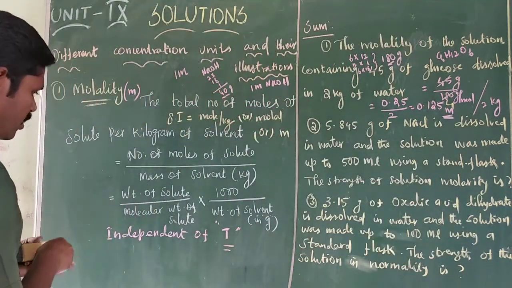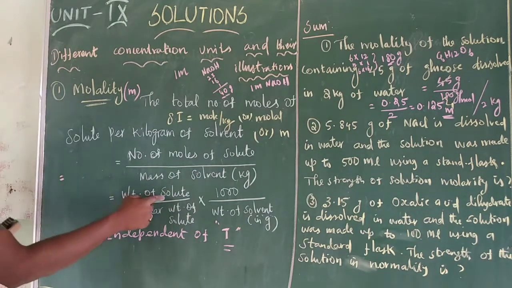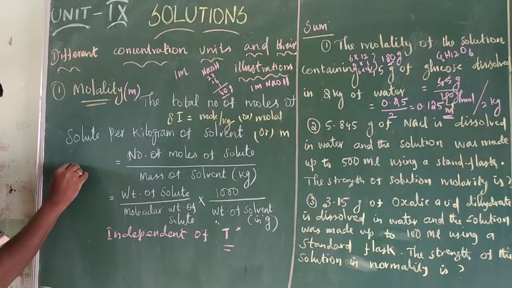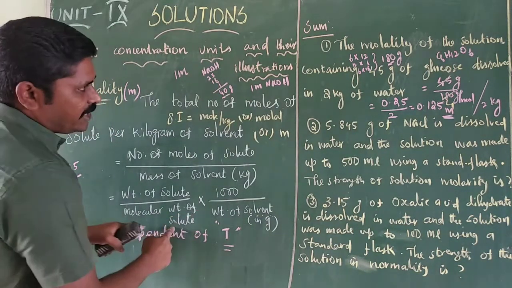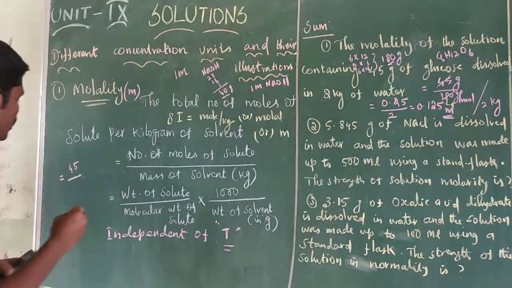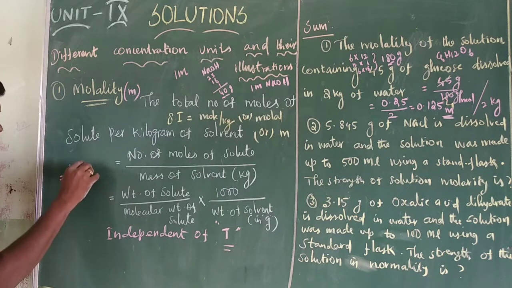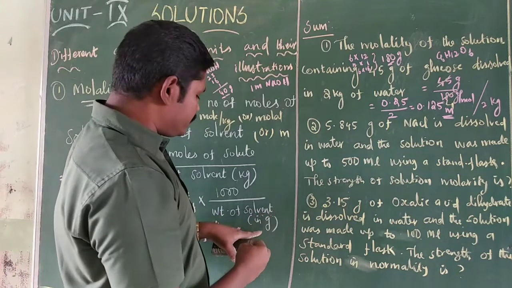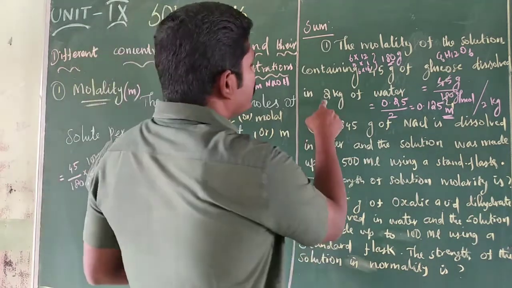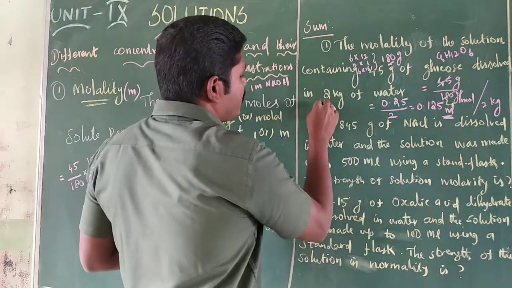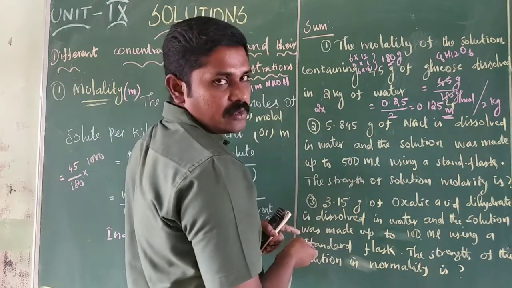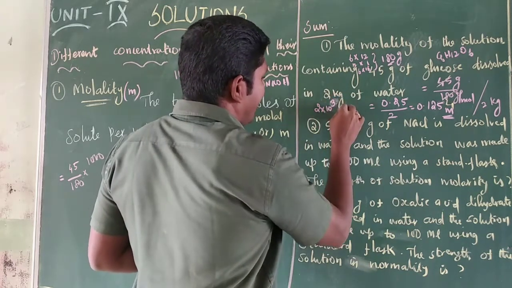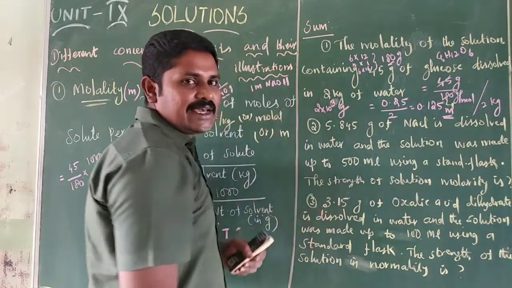In another method, the weight of solute is 45 gram. So 45 divided by the molecular weight of solute 180, into 1000 divided by the weight of solvent in gram. The 2 kilogram is converted into 2 into 10 power 3 gram.